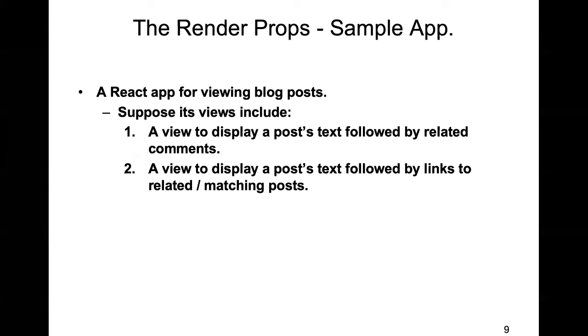I have another view that displays the text of the blog post followed by, let's say, a series of hyperlinks to related blog posts. So clearly those two views, as I've described them, have a lot in common. So we should be able to share some logic between them somehow. And one way of doing it is by using the render props pattern.